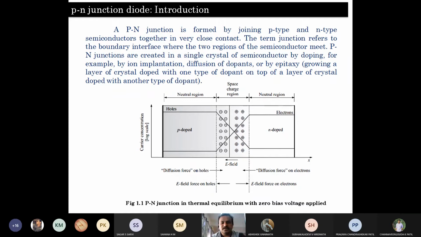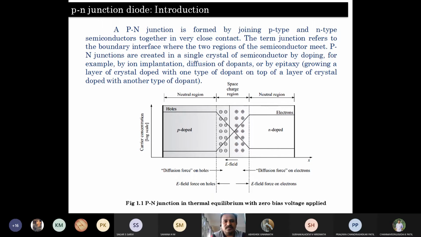Obviously you know what is conductor, what is insulator, and what is semiconductor, and what is pure semiconductor and impure semiconductor in your PUC level. So here we are not going to deal with all those concepts.